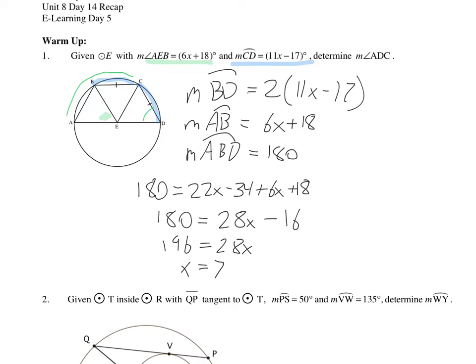So we need to add together arc BC and arc AB to figure out what that's going to equal, or we could just subtract that. So the measure of arc AC is going to be 7 times 6. So that's 42 plus 18, 60, and then BC is going to be 77 minus 17, so that's another 60.